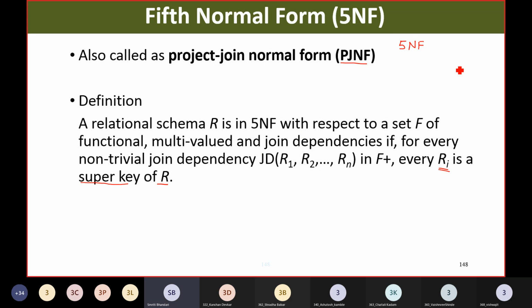So in fifth normal form, we have the relation R, and in decomposition we have say R1, R2 up to Rn.